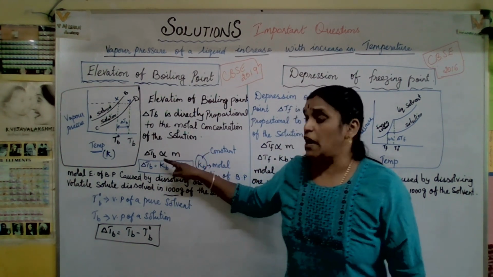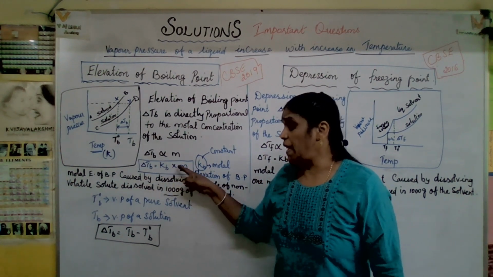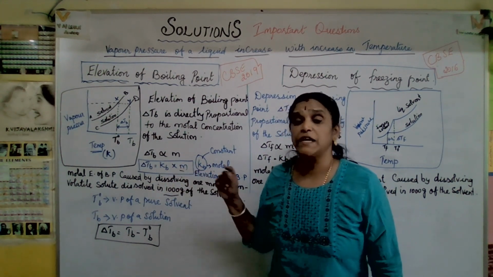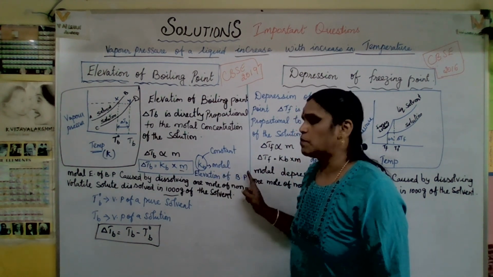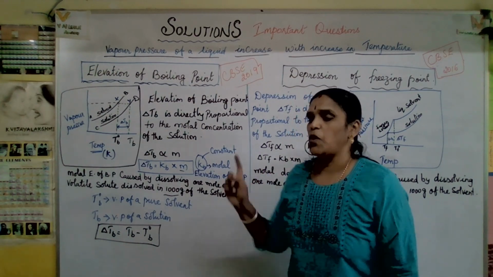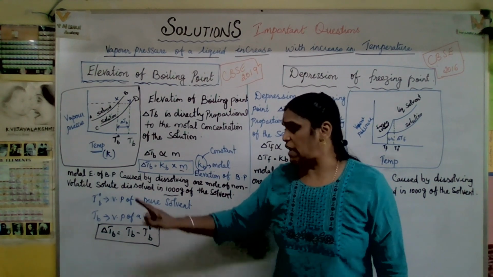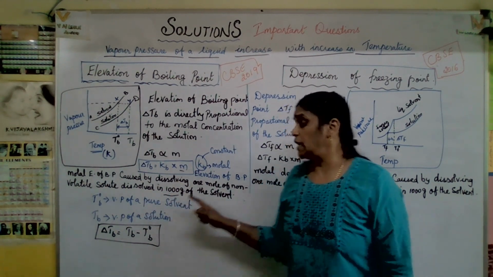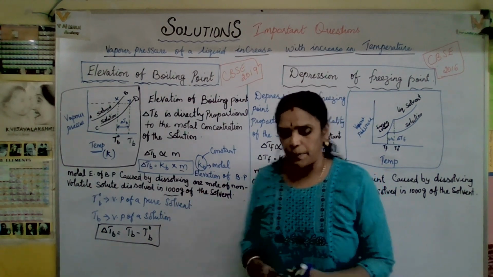Then we put in the constant: delta TB equals Kb into m, where m is molality. Kb is the molal elevation constant, the elevation in boiling point caused by dissolving 1 mole of non-volatile solute in 1000 grams of the solvent.